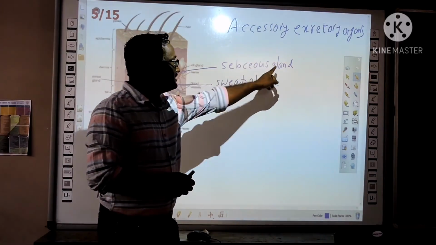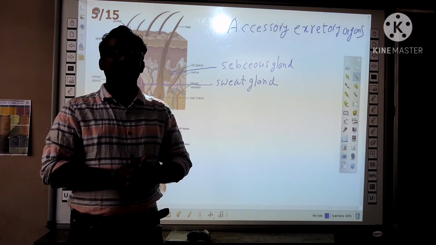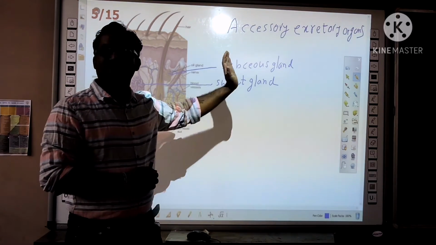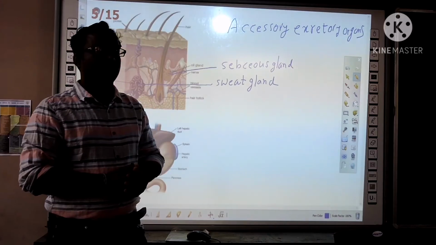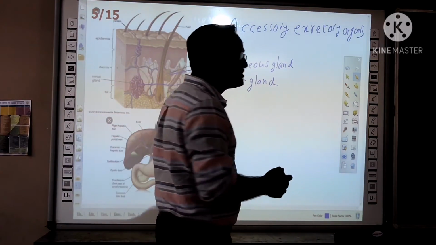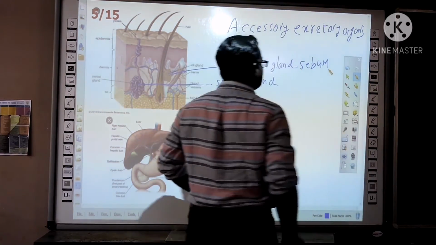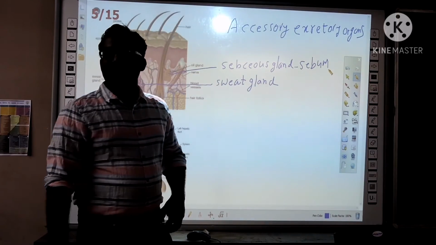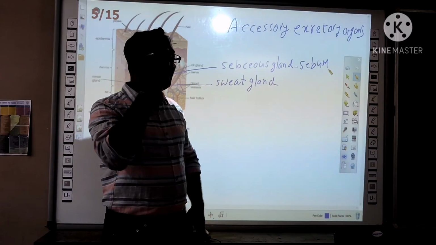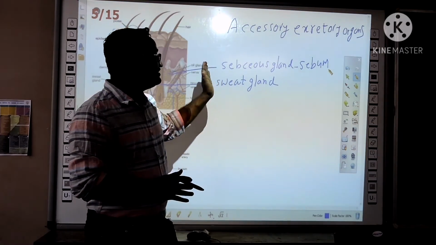The sebaceous glands remove waxes and some other ions in the form of sebum. In adolescents, some of you get pimples on the face. That is because of the activity of the sebaceous glands.